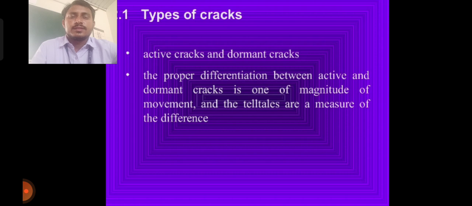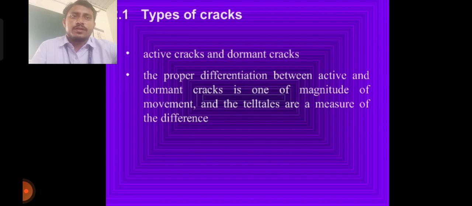We already discussed types of cracks, mainly active cracks and dormant cracks. Active cracks means the crack is continuously developing. A dormant crack is one that has stopped at one position, which means it is old, while the other is a new type.